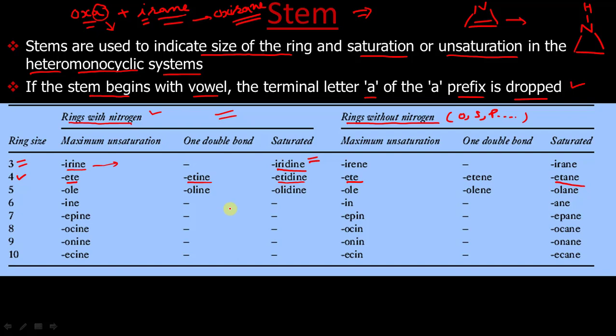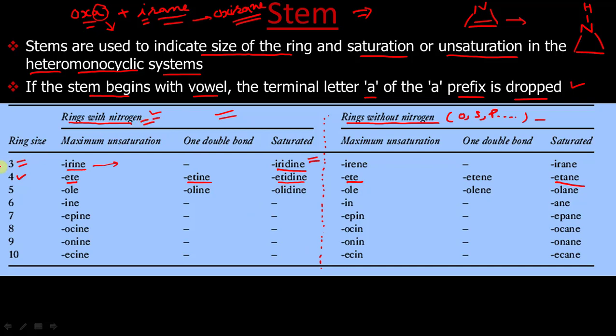For different systems, the first thing you have to identify is whether the heteroatom is nitrogen or not. If it is nitrogen, then we will concentrate on the left side of this dotted line. We will not bother about the right hand side, because our heteroatom is nitrogen.